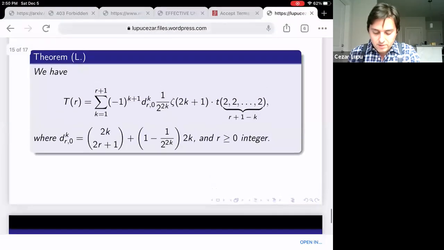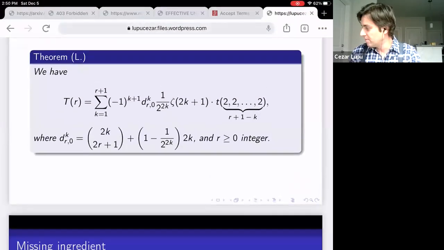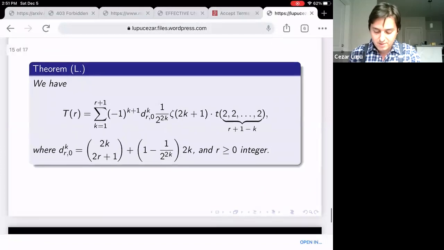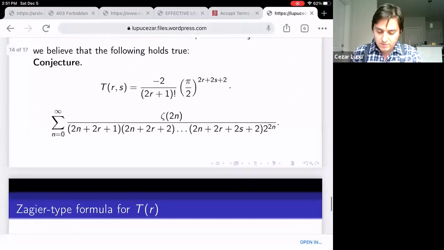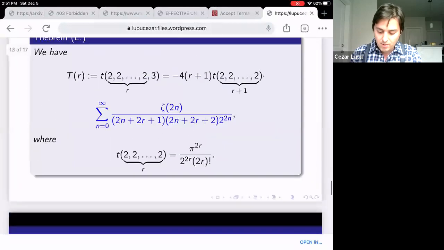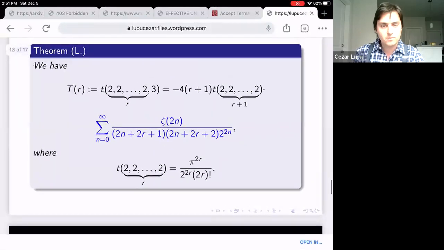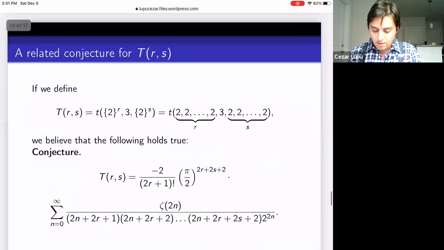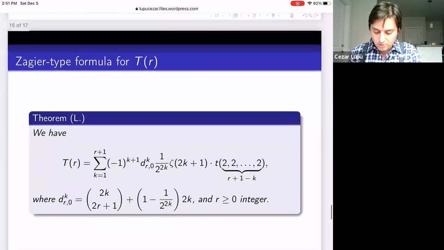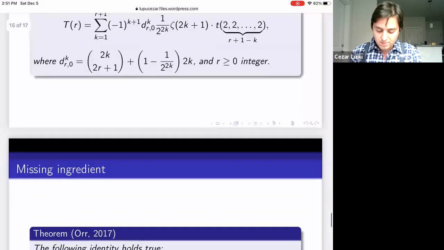And the way we prove this, let me just mention one word about this. As you have seen here and previously, we have this rational zeta series, and the way to express this is as a finite sum involving odd zeta values. The way we do this is by using this missing ingredient.